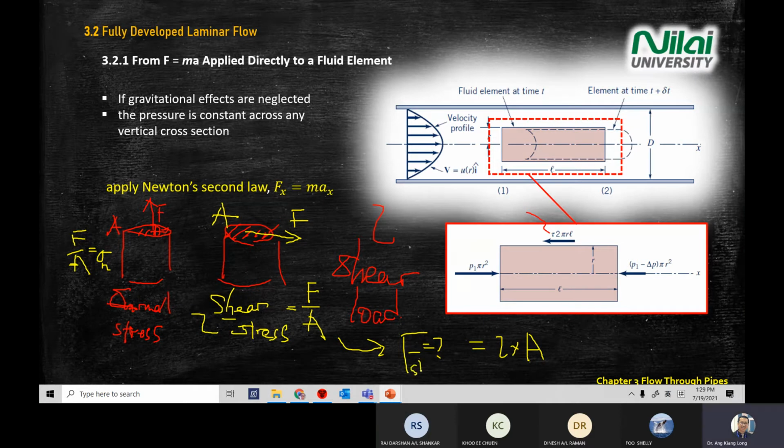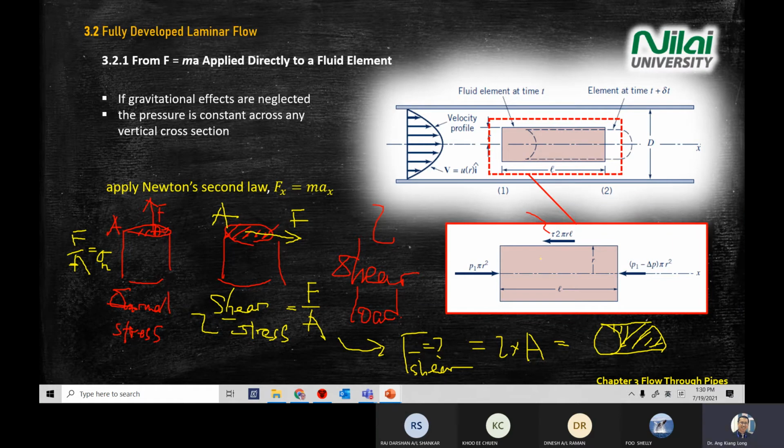It becomes a shear force. In this case, the area of the shear is the area of the circumference times the length, because shear stress acts along the surface.